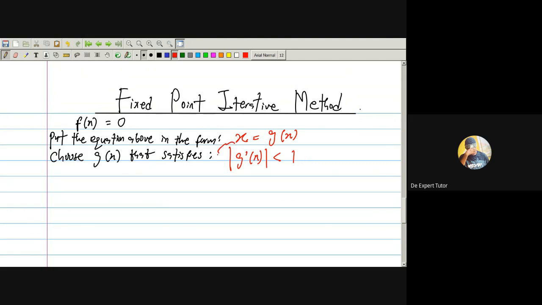If you choose g of x that obeys this, it will converge very fast. But if you choose one that is otherwise, it might not converge, and another one might take time to converge. So again, put your equation in the form x equal to g of x. Next, choose the g of x that satisfies absolute value of g prime of x less than 1.